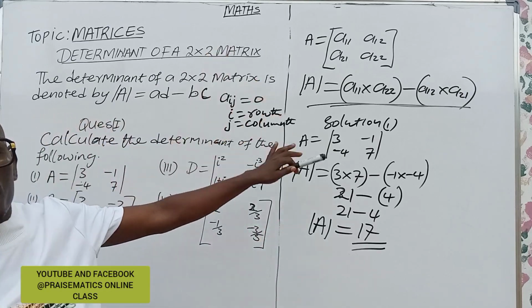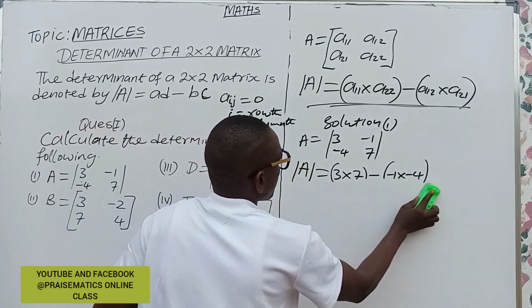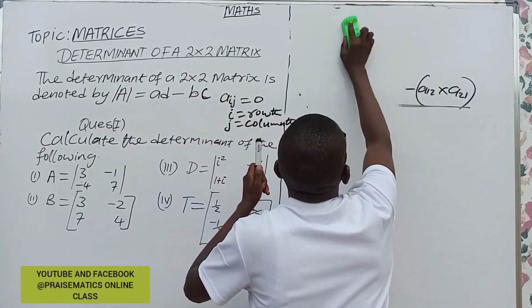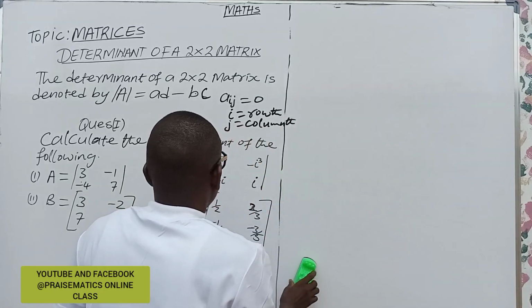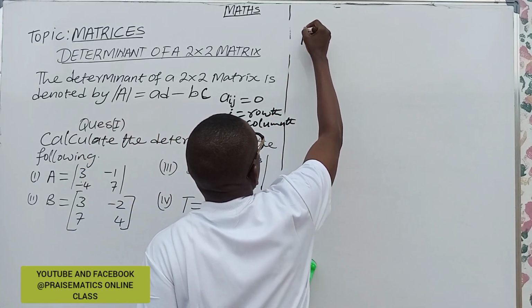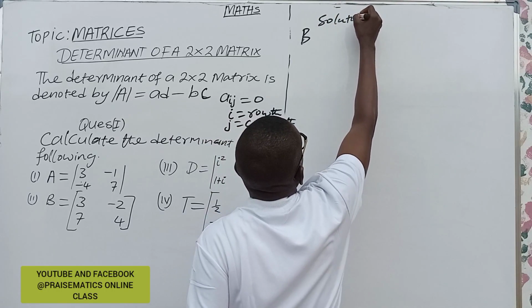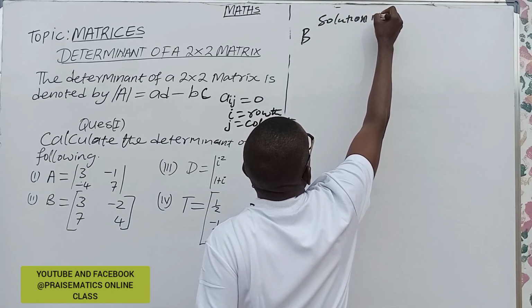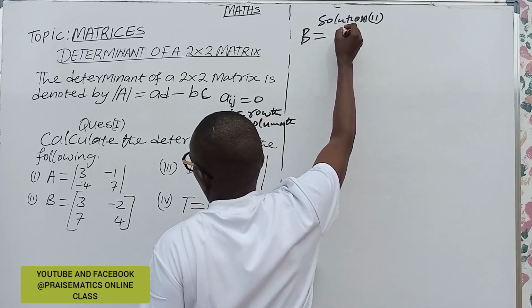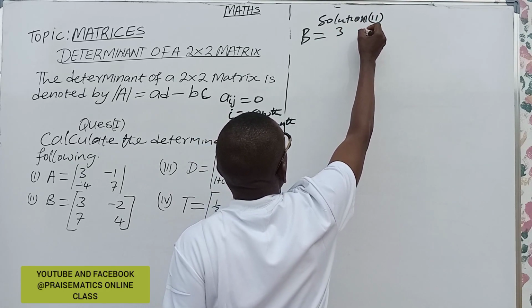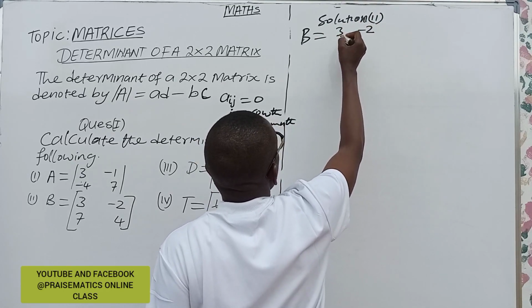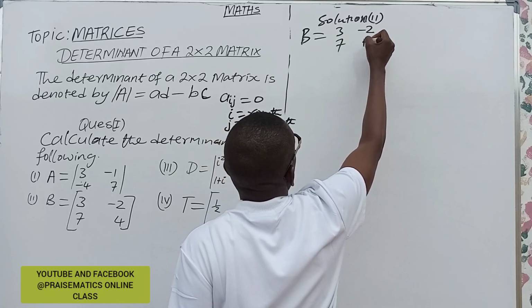I hope you are done. You okay? Okay. Let's look at B, the B aspect of it. The B aspect says, solution two. B is equal to 3, minus 2, 7 and 4.